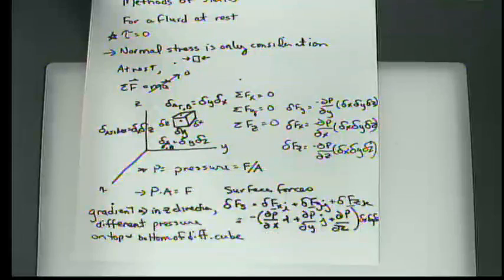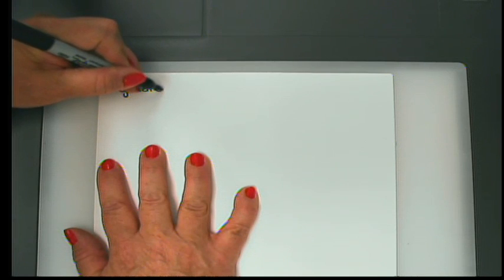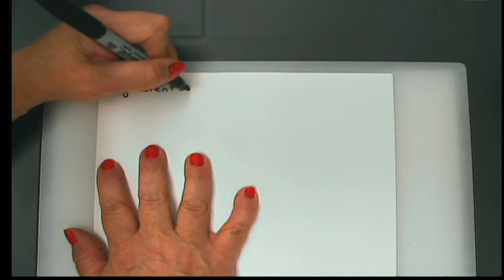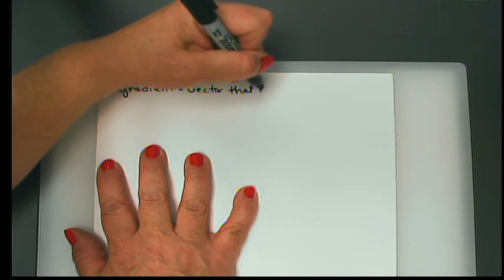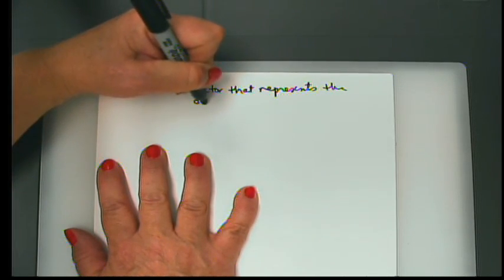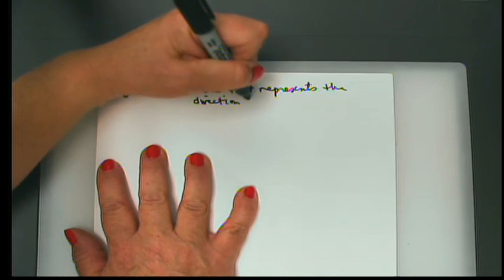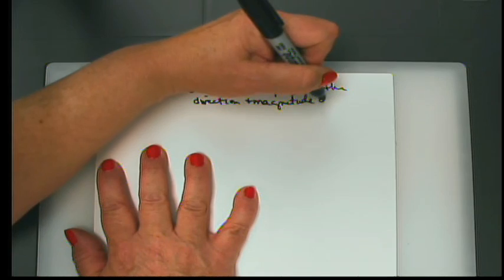Now, if you recall, the idea of a gradient is the direction of maximum change. In this case, we're talking about pressure gradients, but in general, a gradient is a vector that represents the direction and magnitude of maximum change.